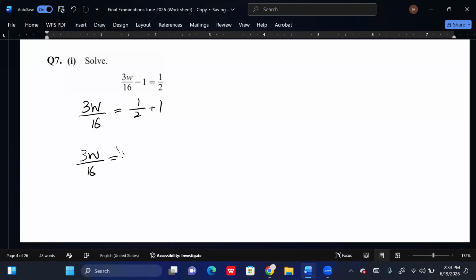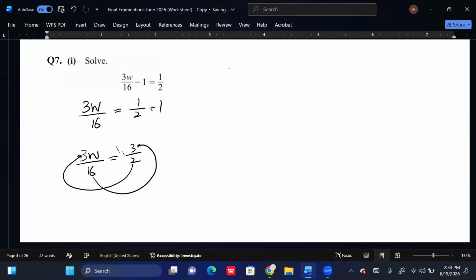Now w, by taking the LCM, is going to be 3 upon 2. Now we need to find the value of w. Let's cross multiply: 2 multiplied by 3 and 16 multiplied by 3.